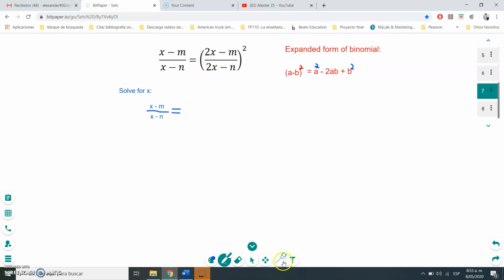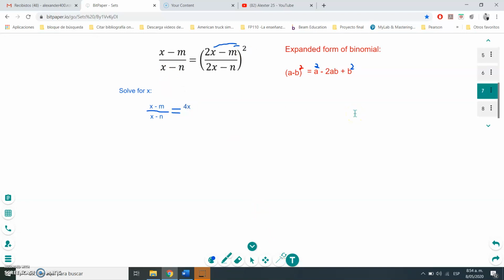We have the same fraction, and we are going to expand this binomial, so we have to use this property first in the numerator. We have the first term, a squared, so 2x squared will be 4x squared.